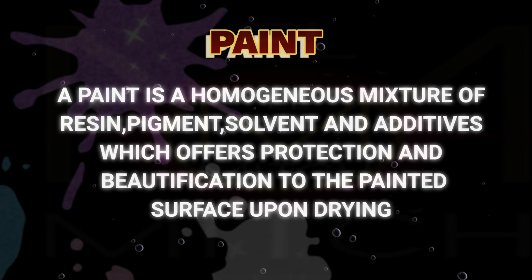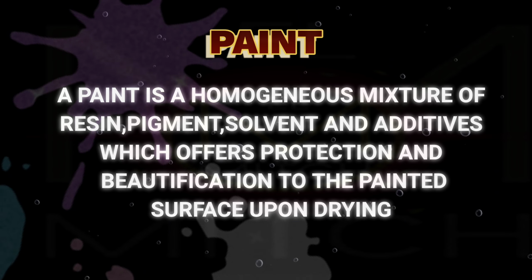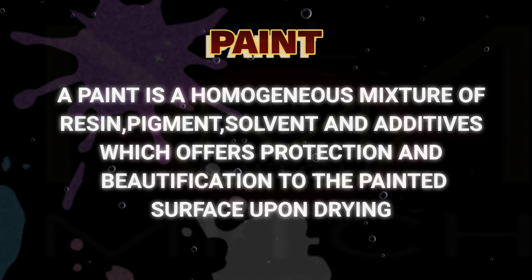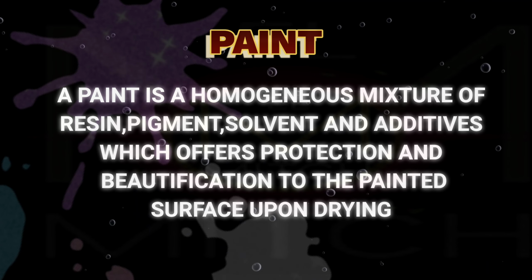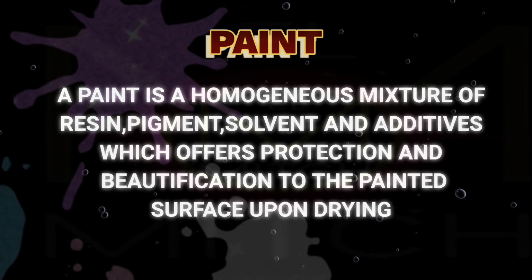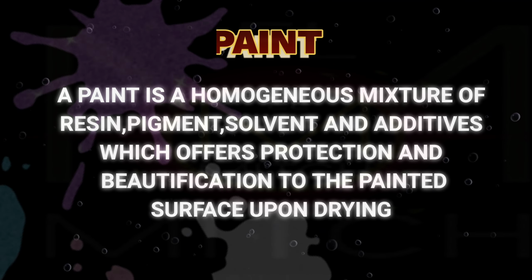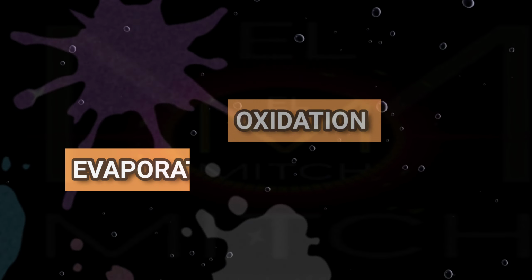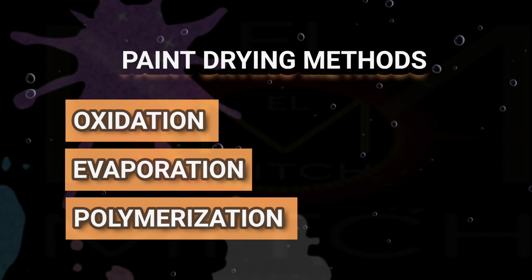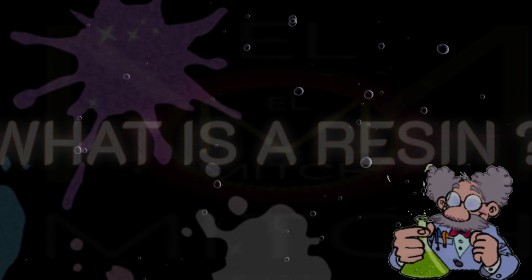A paint is just a mixture of ingredients, being resin, a pigment, solvent, or even additives, which when applied on a surface, dries by either oxidation, evaporation, or polymerization to offer protection and to decorate the substrate, which is the painted surface.